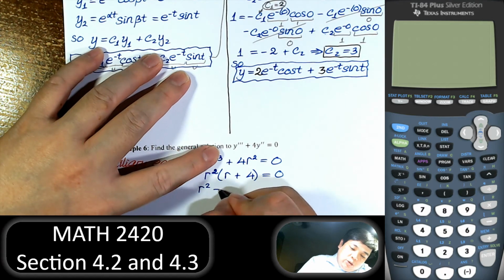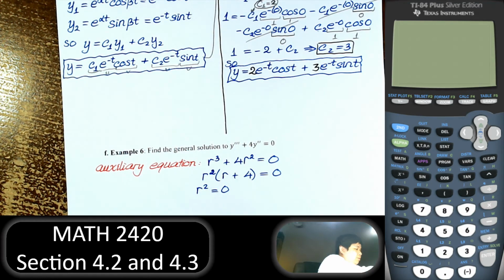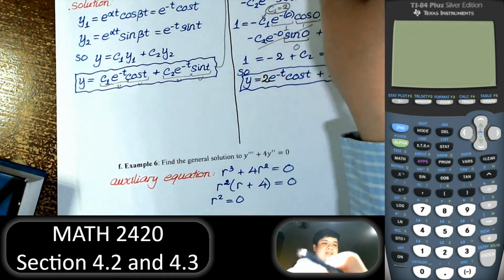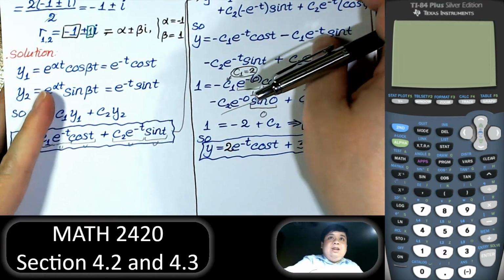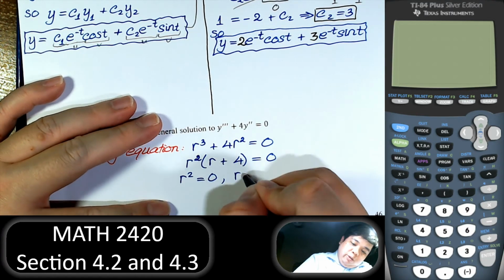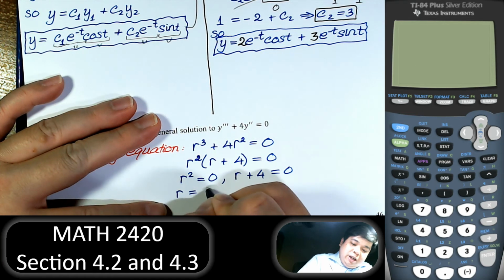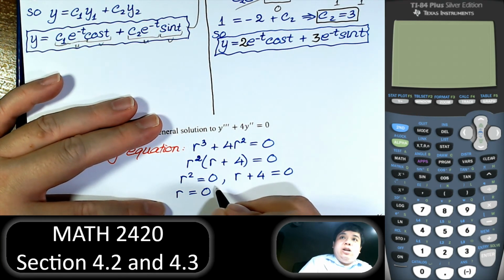So r squared equal to 0, and r plus 4 equal to 0. So r equal to 0 is the double root.